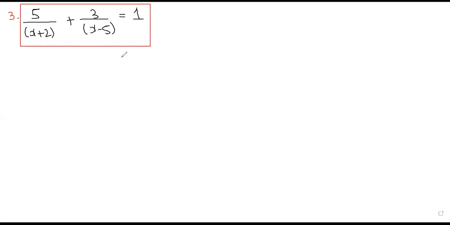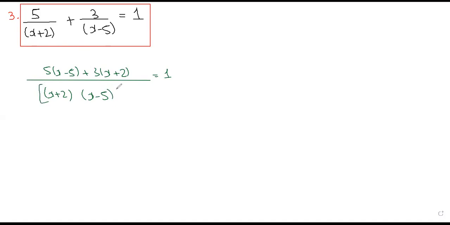I'm pretty sure that by now all of you would be able to convert this to a quadratic equation. Step one is taking the LCM. I'll quickly do that for those who are not good with the idea. It would be x plus 2 and x minus 5, and it would be 5 into x minus 5 plus 3 into x plus 2, and we have a 1 here.